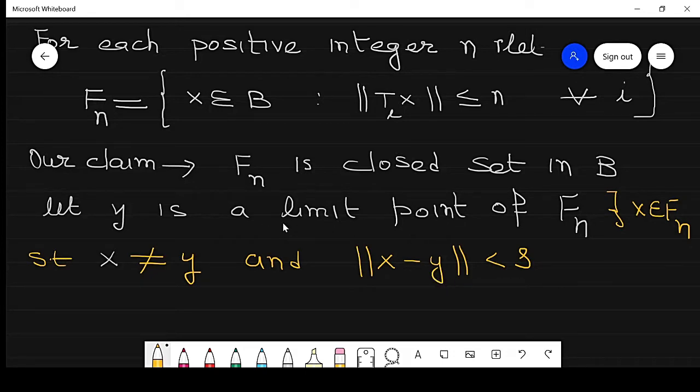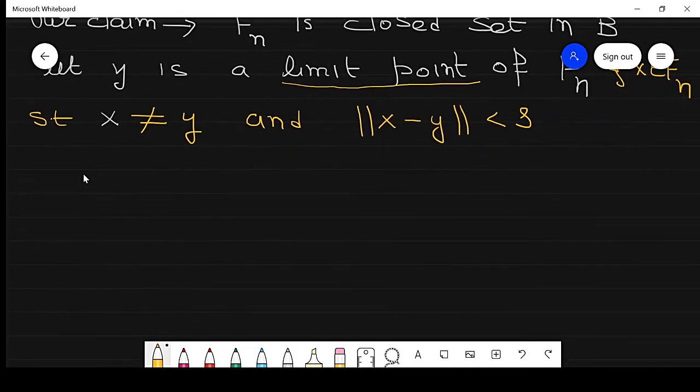This is by the definition of limit point, because Y is a limit point of Fn.